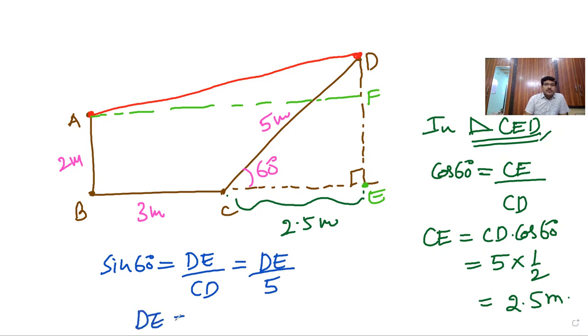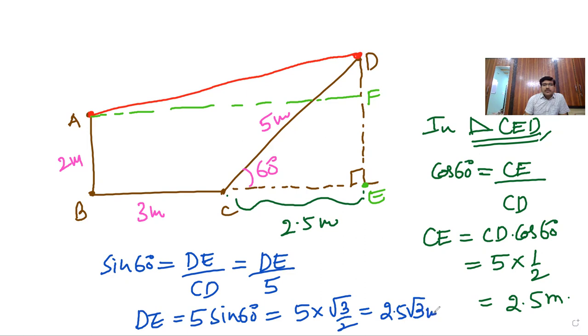So DE is equal to 5 sin 60. Sin 60 is root 3 by 2. 5 into root 3 by 2, so this becomes 2.5 root 3 meters. Clear? That means we got DE, we got CE. So DE is 2.5 root 3 meters. Clear? Okay.